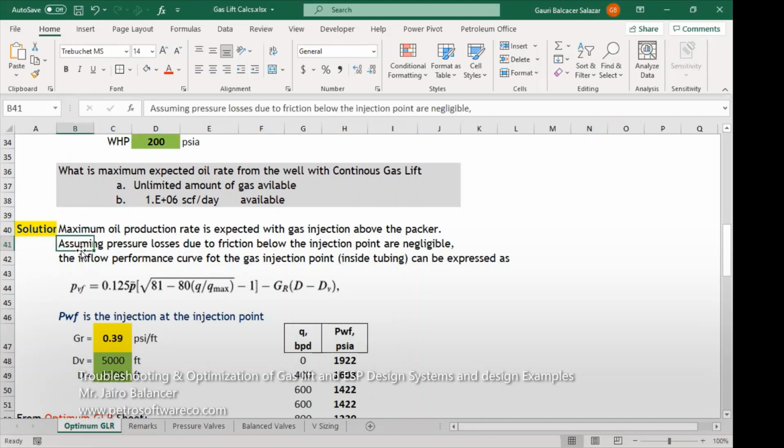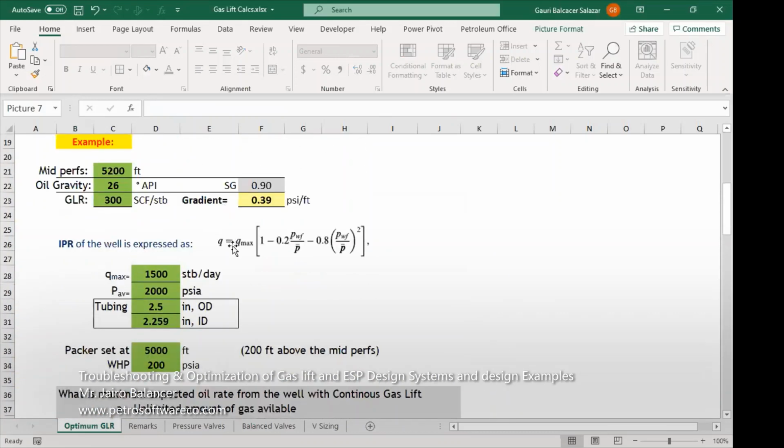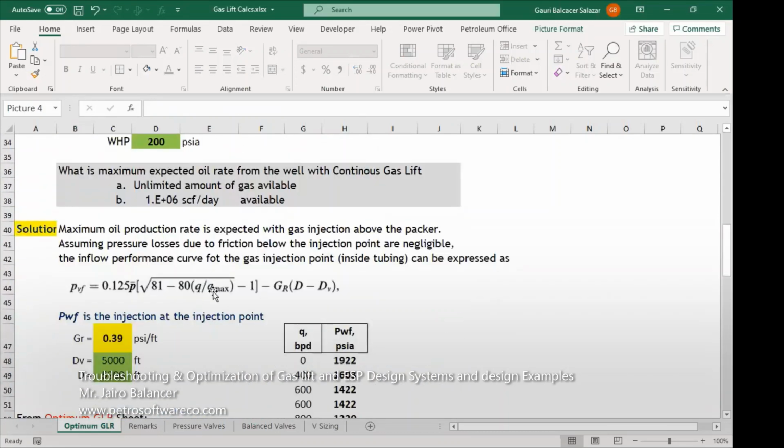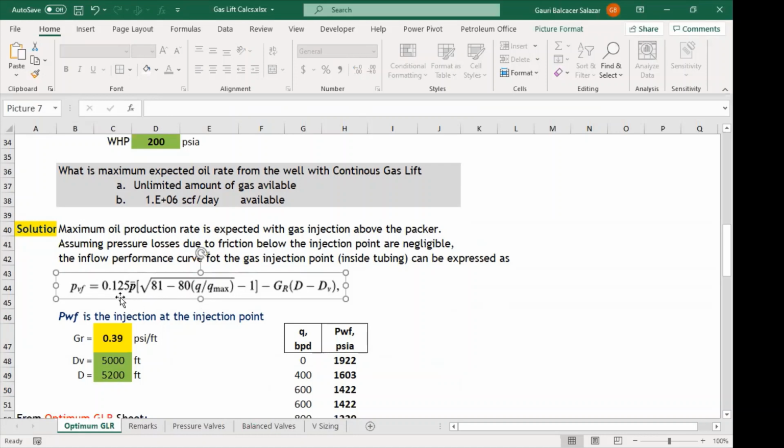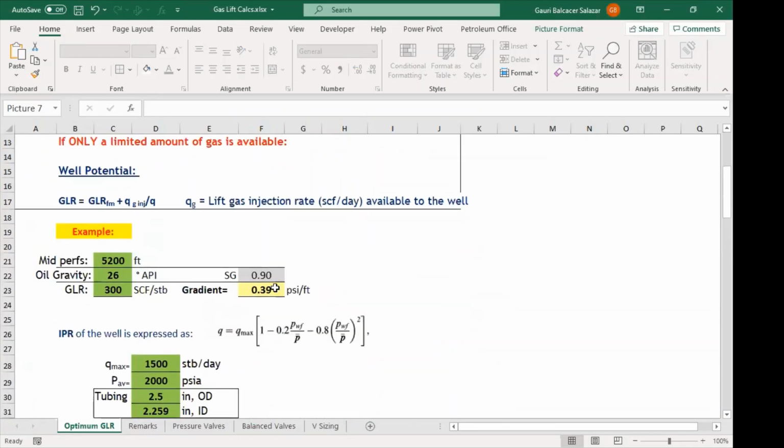Assuming pressure loss due to the friction below the injection point is negligible. The inflow performance curve for the gas injection point inside the tubing is based on this equation that we saw before, and the calculation considering the setting of the packer and the setting of the valves and the gradient of the fluid, which is the one we have right here.